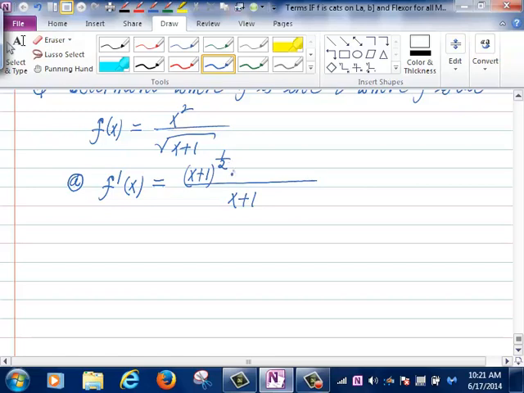And then I have to multiply that by the derivative of the numerator, which is 2x, and subtract x squared times the derivative of the denominator, right? And the derivative of the denominator means the derivative of (x plus 1) to the half. What's the derivative of that? Half (x plus 1) to the 1 minus half... sorry, half minus 1, which is negative half.